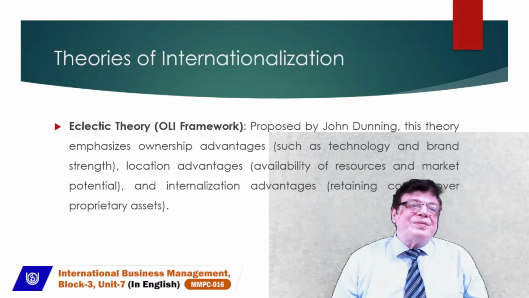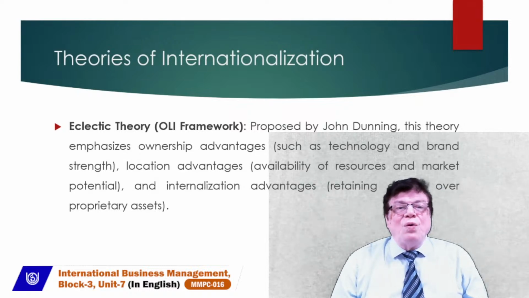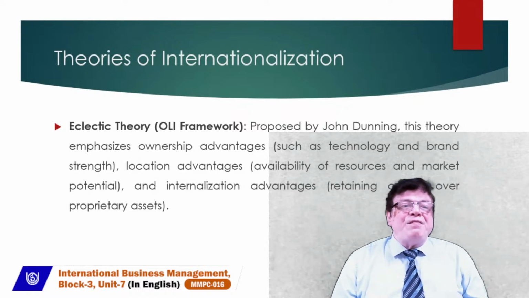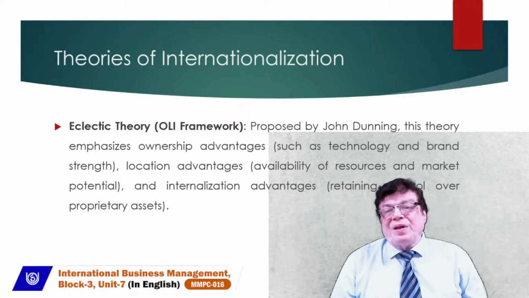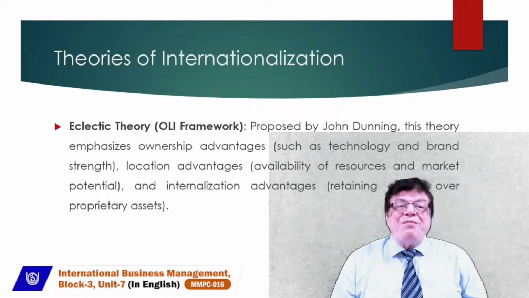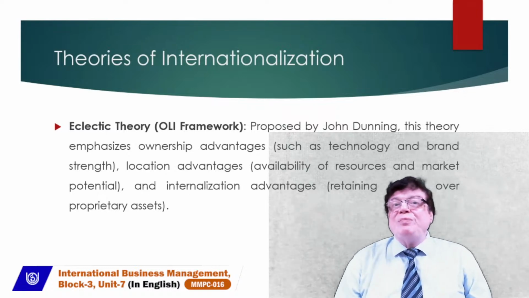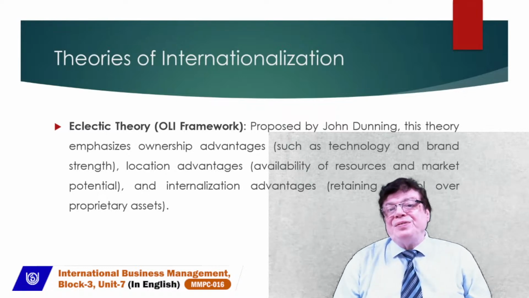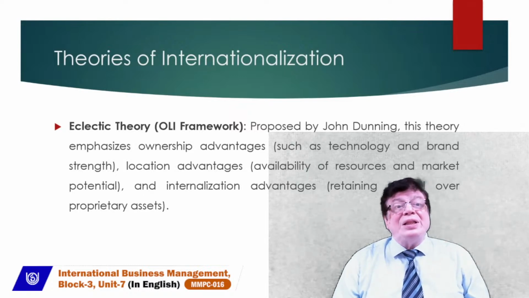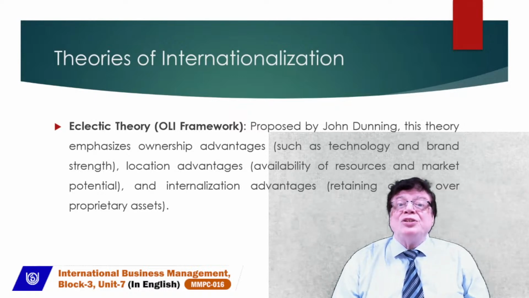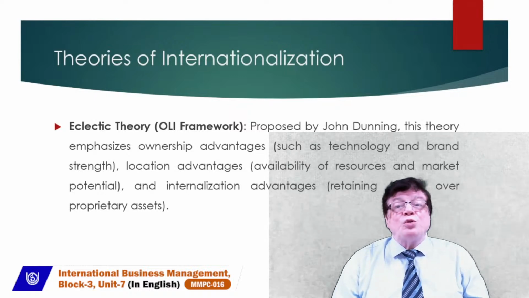Next theory is the eclectic theory, the OLI framework. It was proposed by John Dunning. This theory emphasizes ownership advantages, such as technology ownership and brand strength; location advantages, availability of resources, and market potential.